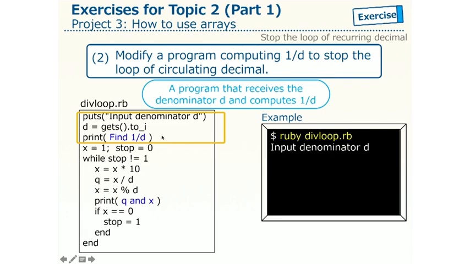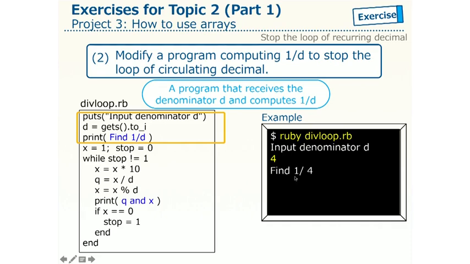The second line, this one, is for getting the input and then storing it to the variable d. For example, by typing 4 here, the number 4 is stored into the variable d, which is used as the divisor. Then the third line is for showing this message.